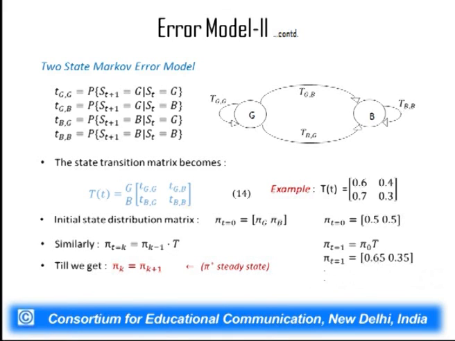Say 0.6 means that if we are getting a transmission that is associated with a good bit error rate, we will keep on getting it with a probability of 60%. So if we are in state G, then there is a 60% chance that we will be in G for the next time instant.